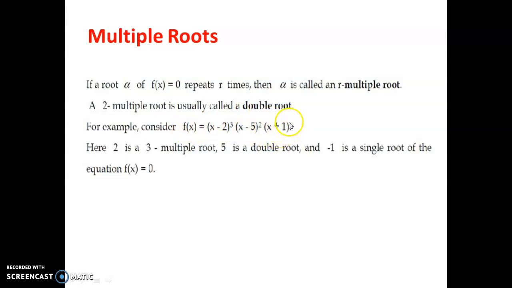And here minus 1 is also a root of this f of x. That is a normal root. So this is actually the concept of multiple roots. If a root of a polynomial function repeats r times, then that root is known as an r multiple root.